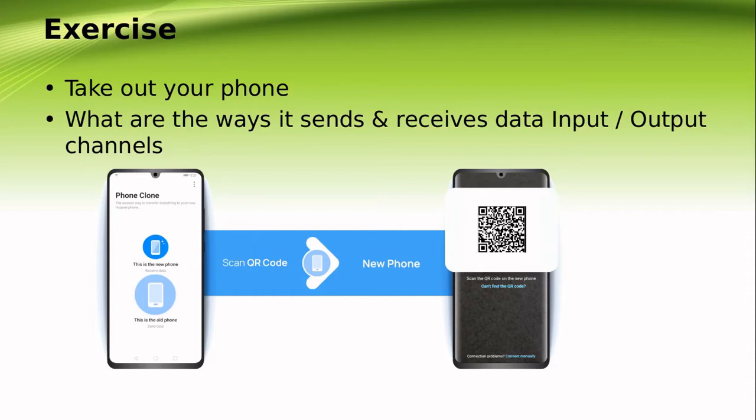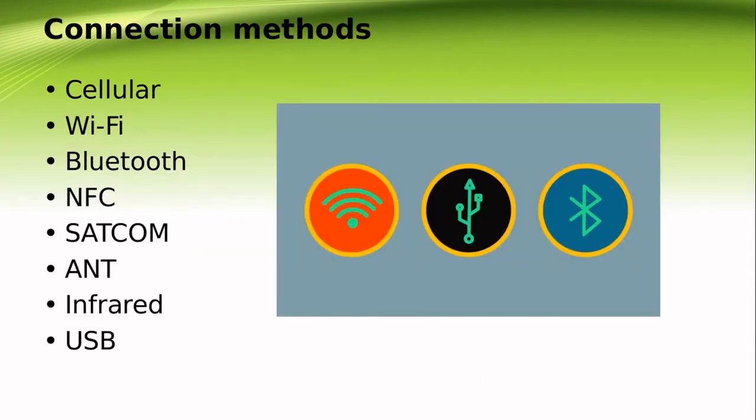We can see the connection methods: cellular, Wi-Fi, Bluetooth, NFC, SATCOM, ANT, infrared, USB. Those are the features we use on our phones on a regular basis.